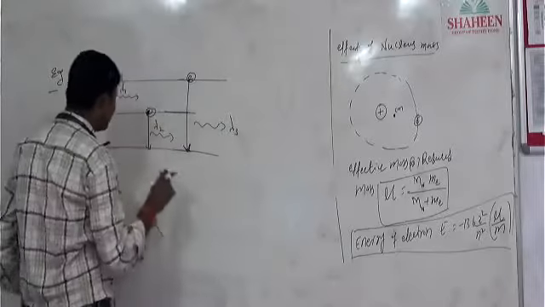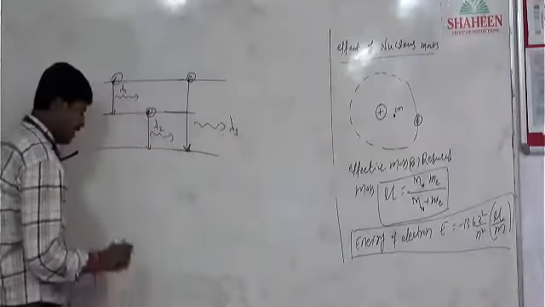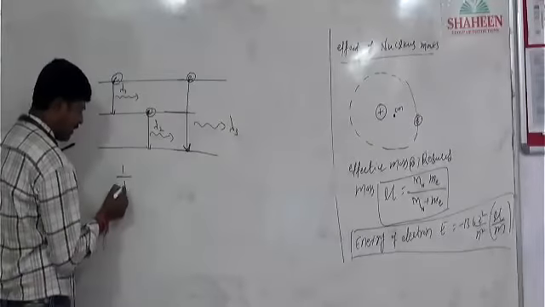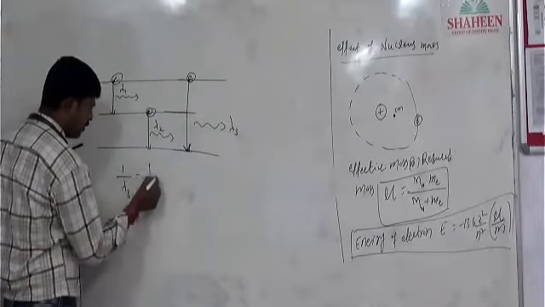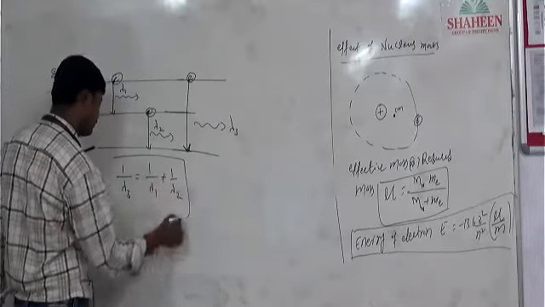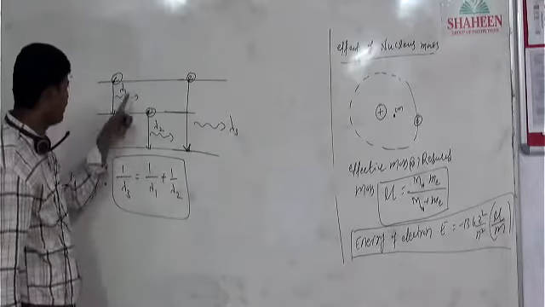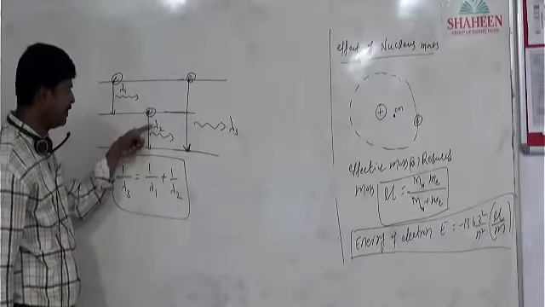Then the relation between lambda 1, lambda 2, lambda 3 becomes 1 by lambda 3 equal to 1 by lambda 1 plus 1 by lambda 2. Lambda 1 is released from here to here, lambda 2 is released from here to here.